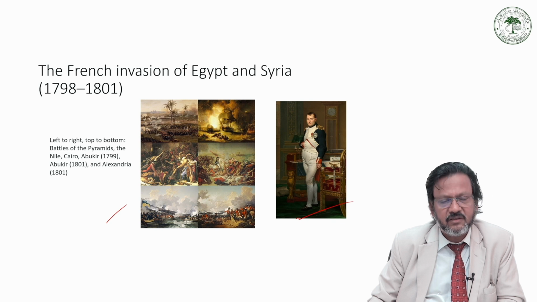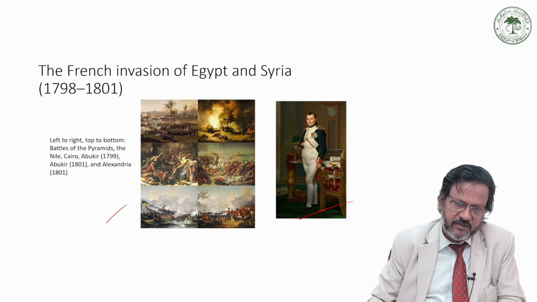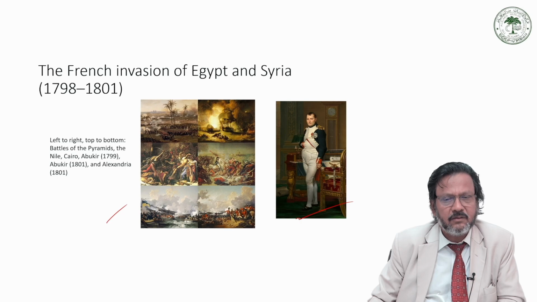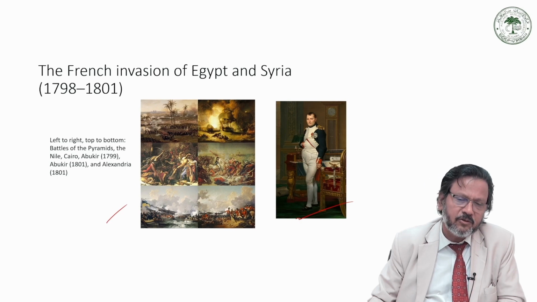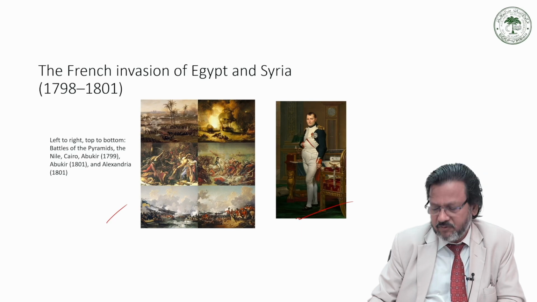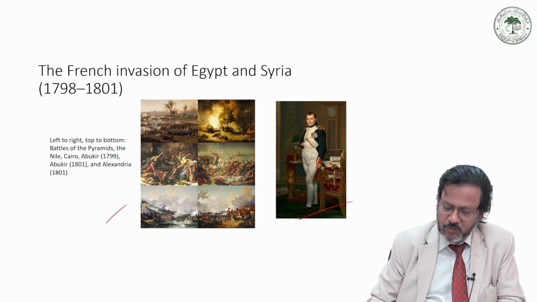So he brought the press long before the Bulaq press, which was established by Muhammad Ali Pasha. So before Bulaq press, which is also known as Al-Matba'atul Amiriya, the Emirate press, it was the press that was brought by Napoleon Bonaparte.